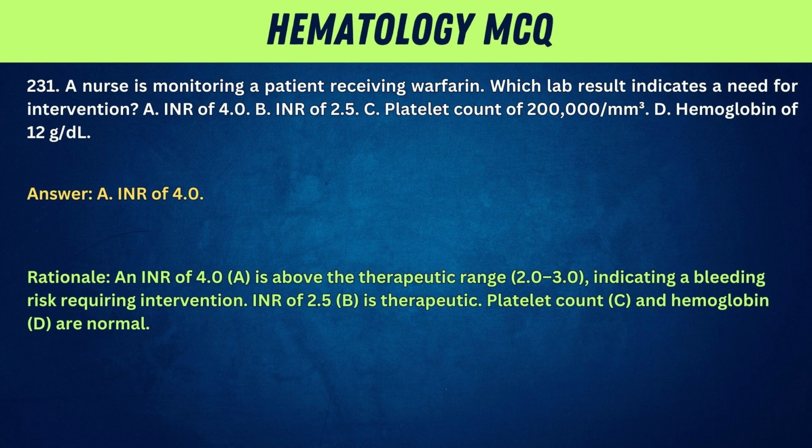Answer: A. INR of 4.0. Rationale: an INR of 4.0, A, is above the therapeutic range of 2.0 to 3.0, indicating a bleeding risk requiring intervention. INR of 2.5, B, is therapeutic. Platelet count, C, and hemoglobin, D, are normal.